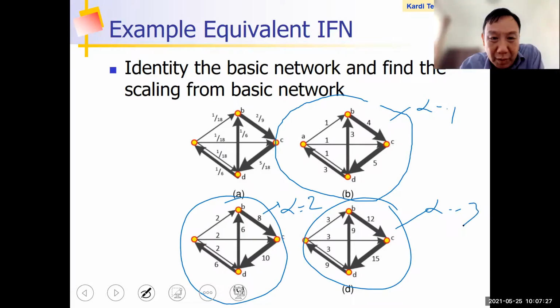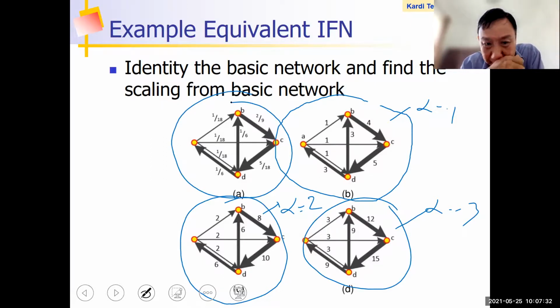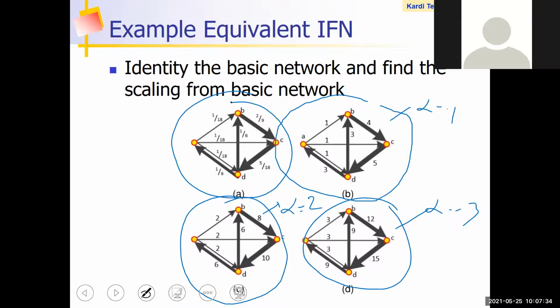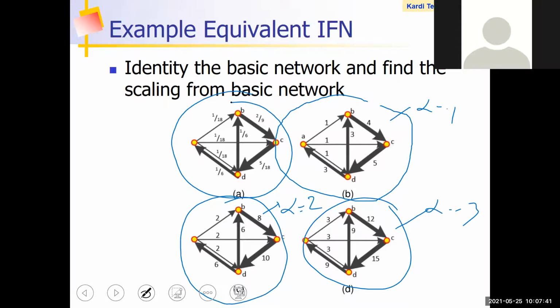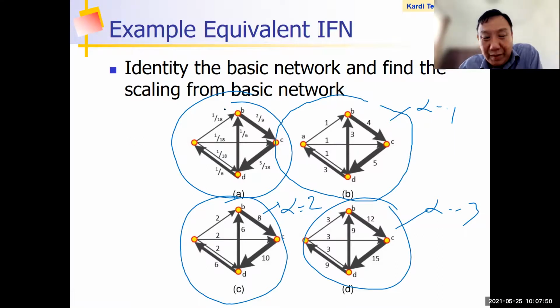Okay. So how about this? 1/18. The total is 1. Okay. Anyway, when we said basic network, the meaning is they are integer and they are minimum.